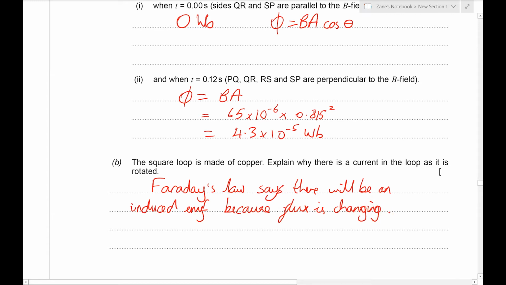So there's an induced EMF, also there's a complete circuit. The loop makes a complete circuit itself. And therefore current will flow.